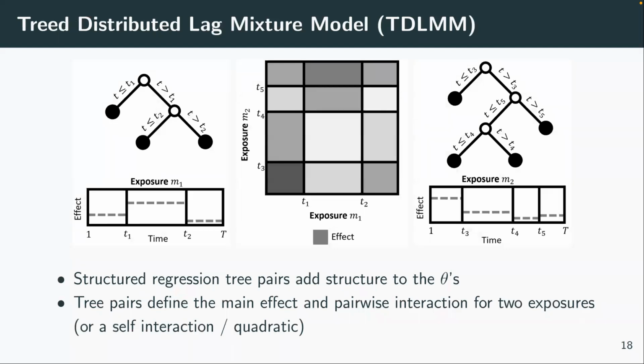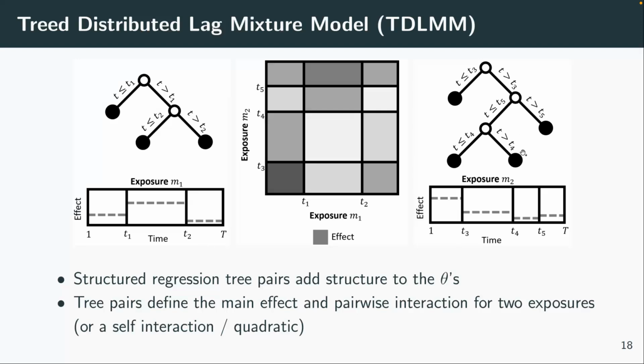So when we're thinking about mixtures, the key building block to our model is going to be tree pairs. A tree pair looks something like this, and it has two regression trees in it. This is the exact same picture I showed you before. It's this simple regression tree that divides up the time span into 3 groups. And so this is going to be our main effect distributed lag function for one exposure, M1.